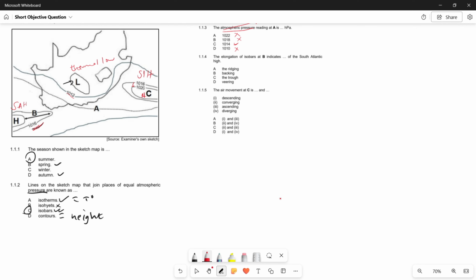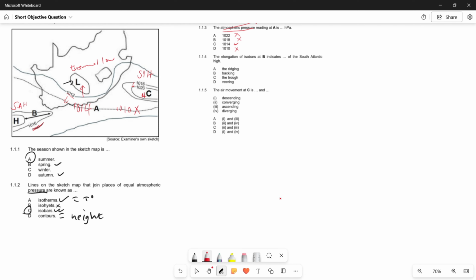Some of you might be asking yourself back at home, how do you know that? We've concluded that this is 1014. How do you know that this is increasing and not decreasing to 1012, 1010? Why is 1010 wrong here? This is a low pressure system in the interior of South Africa, meaning that pressure is supposed to be decreasing inwards.